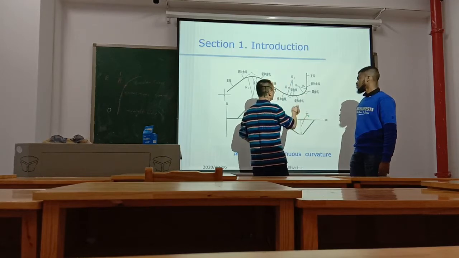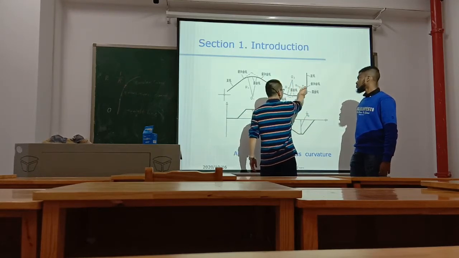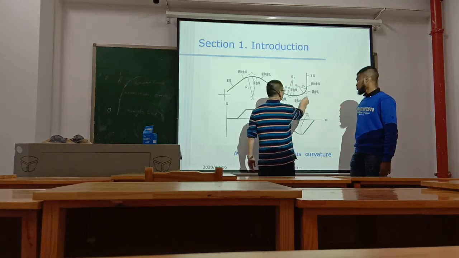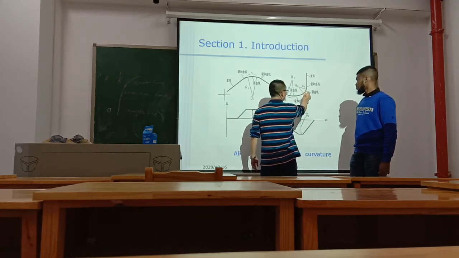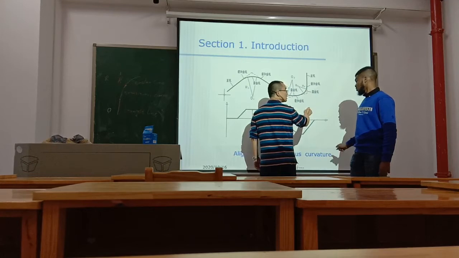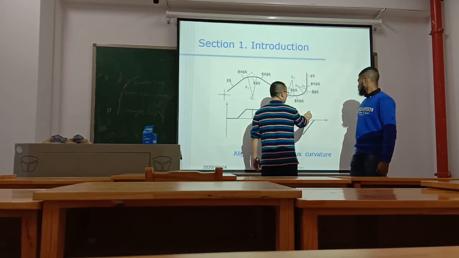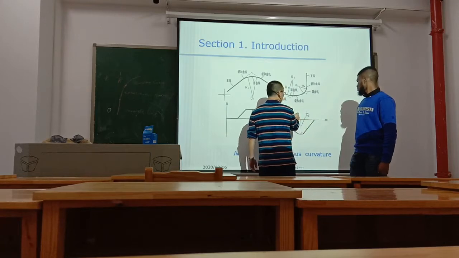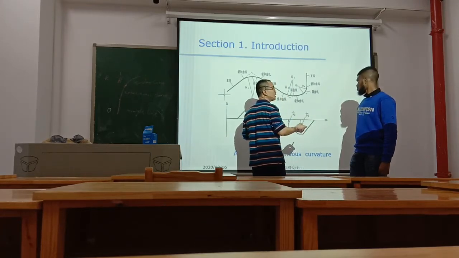One is 1 divided by R2. The other circular curve is 1 divided by R3. So these two are different.